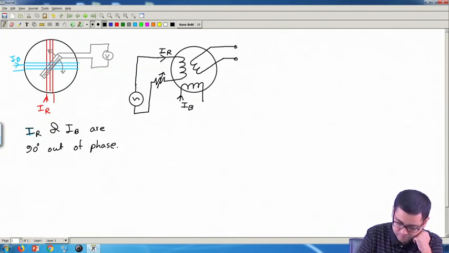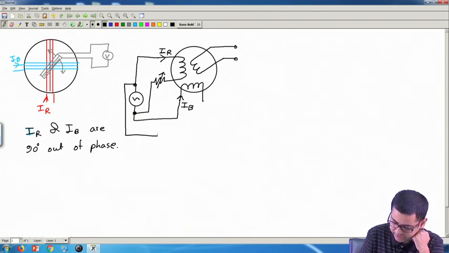And this coil we will also connect to the same source, but this time we will connect it, say, through a variable capacitor and a variable resistance.